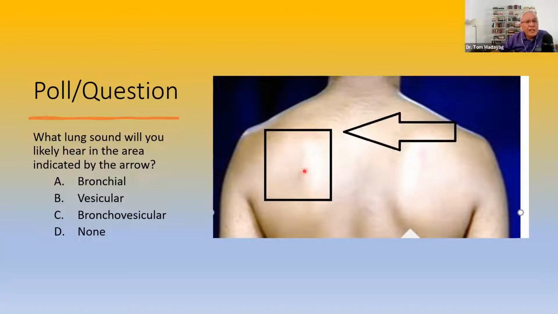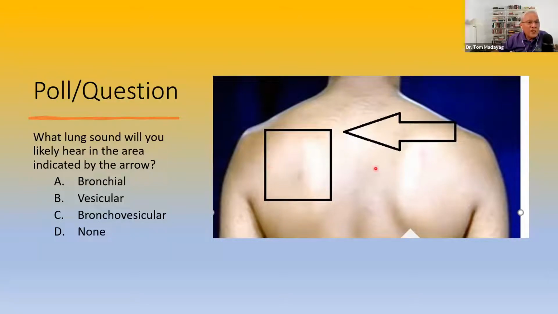One of the key things when we assess students in the simulation center to determine whether or not they really know how to auscultate breath sounds is we observe whether or not they put their stethoscopes in this area. This area should always be avoided because no sounds are going to be transmitted over bone.